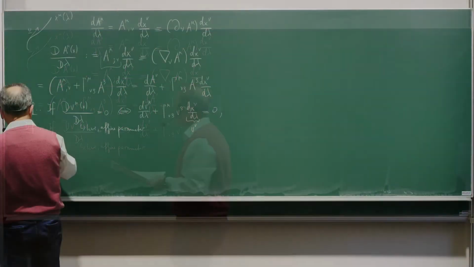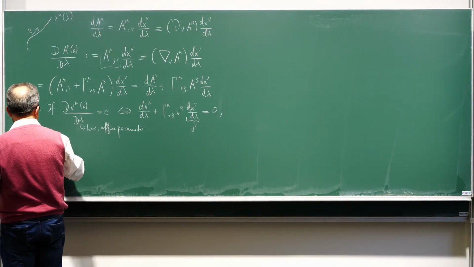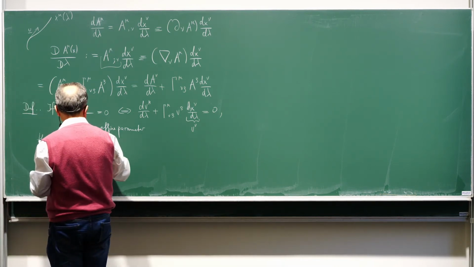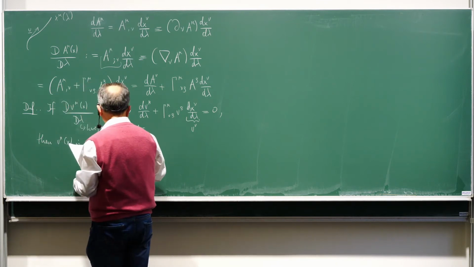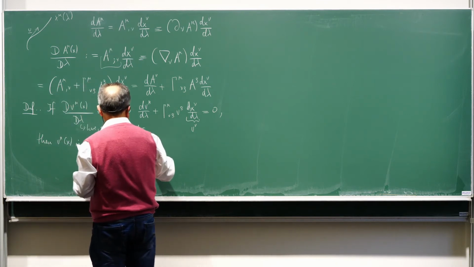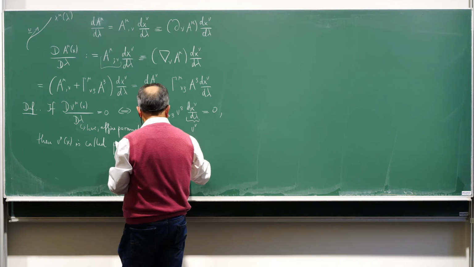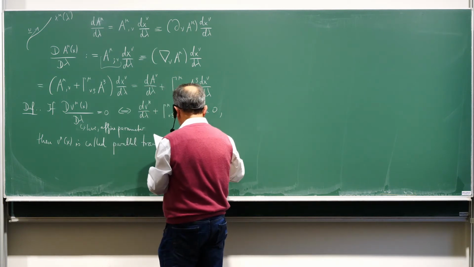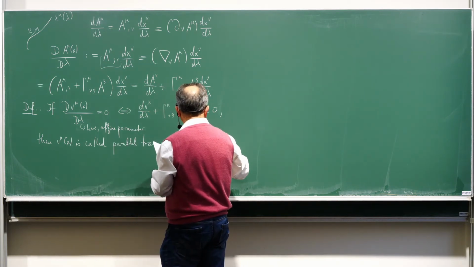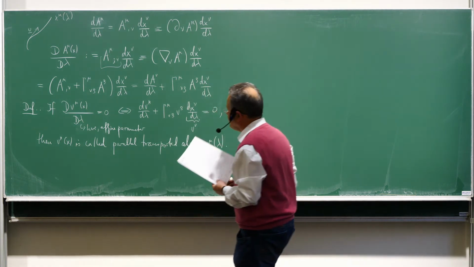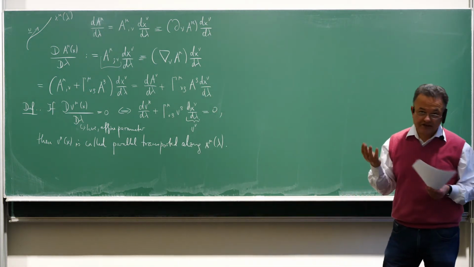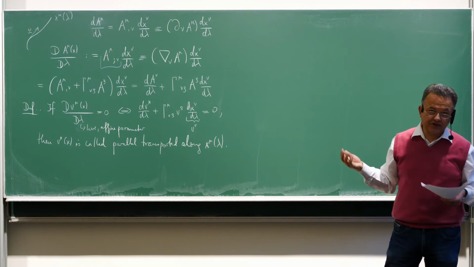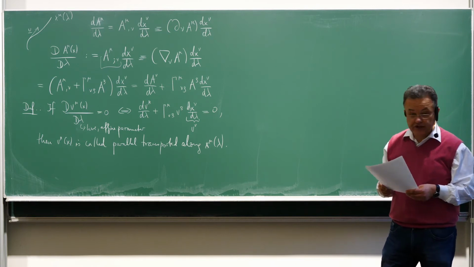So if this is 0, then we call this vector field v parallel transported along the curve. Then v mu of x is called parallel transported along x mu of lambda. So that's a generalization from the usual case of Euclidean geometry.